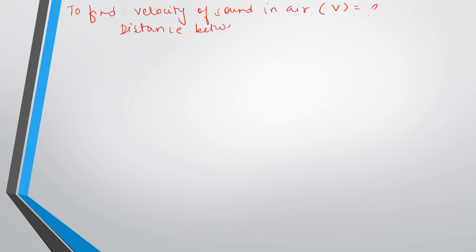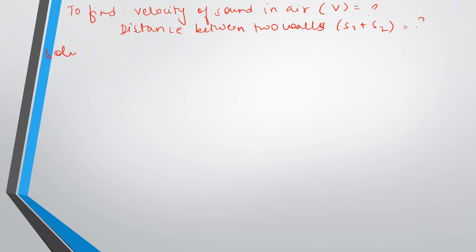Now we need to find out the velocity of sound in air, that is v, and we need to find out the distance between two walls, that is S1 plus S2.